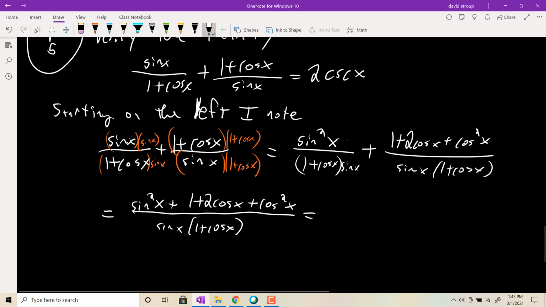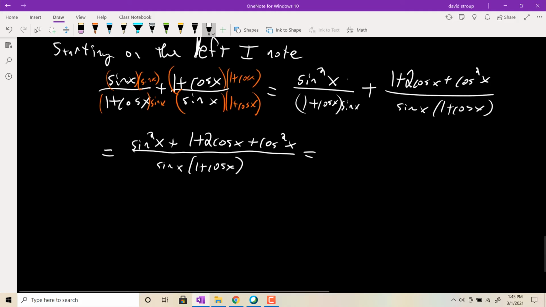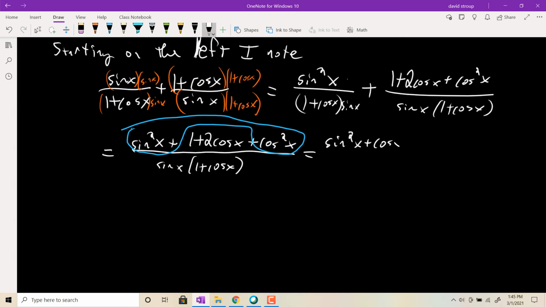Then, if you rearrange the terms so you can see it, there's a sine squared plus cosine squared identity. You could replace those two with 1. You don't need to do this step, but I'm doing it for your benefit, just so you can see what's going on.